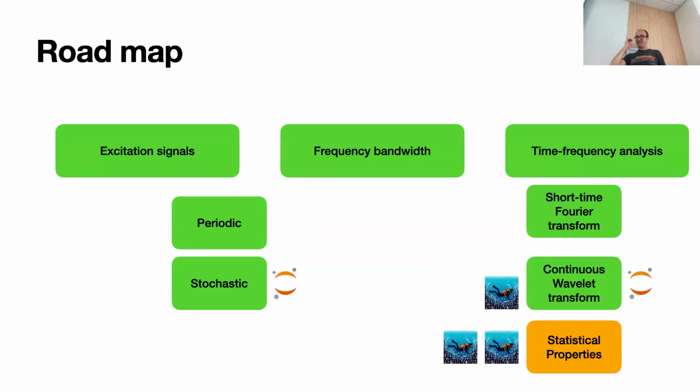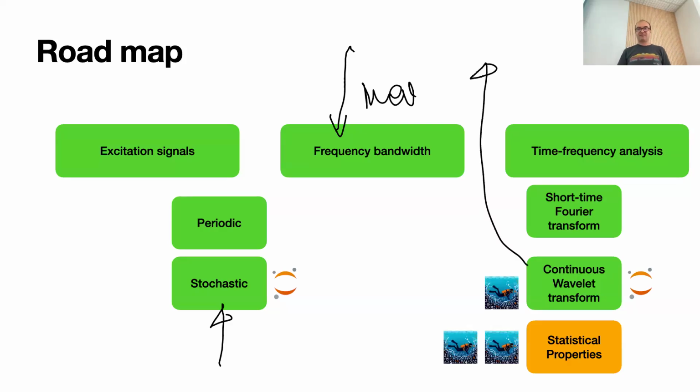Okay, so this is where we are now. We have done how we can generate stochastic signals, how we can save memory, how we can analyze these stochastic signals, but I never talked about the impedance.